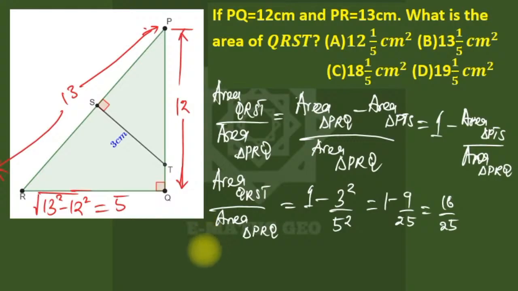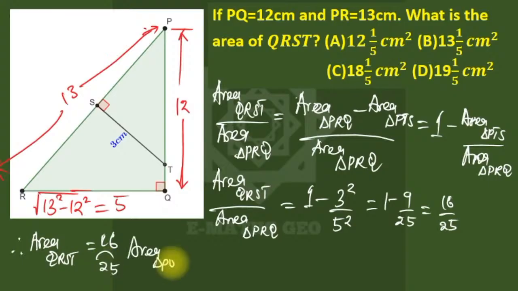Therefore, making QRST the subject of the formula, it is 16 over 25 of the area of triangle PRQ. And we know that the area of PRQ is half base, which is 5, times height, which is 12.